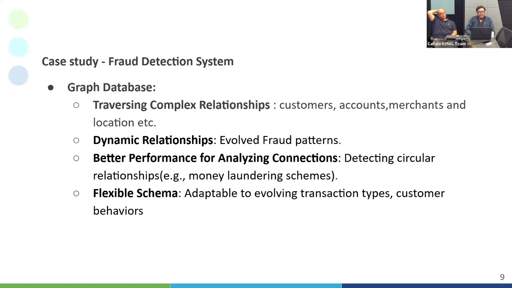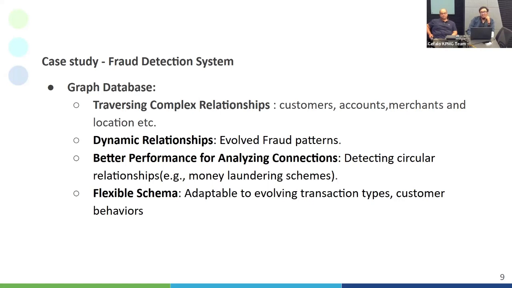So if we use a graph database here, we can easily traverse complex relationships, like the forwardings that can happen through several types of nodes, like customers, accounts, merchants, or any specific locations. That will be easily maintained, and as I said, with the dynamic relationships and evolving patterns, if a new fraud pattern is introduced, we can easily add it to this database.